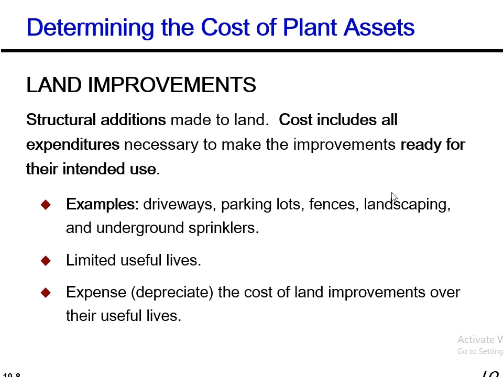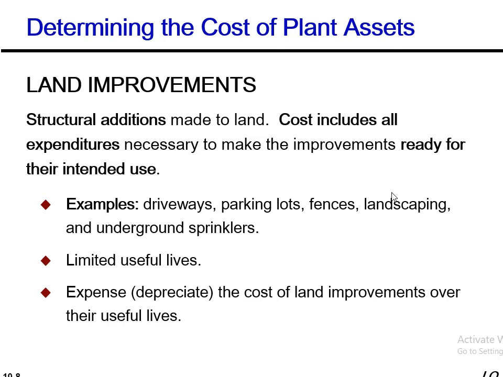The possible examples of land improvements are driveways, parking lots, fences you install to protect your land, landscaping to make the land attractive, and underground sprinklers to water the plants. All of these are examples of land improvements. And if you see, all of them have a life. After that, they are not usable.